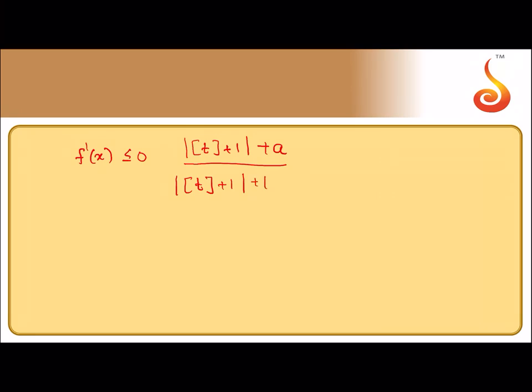So what we get is f dash x less than or equal to 0: modulus of greatest integer of t plus 1 plus a, by modulus of greatest integer of t plus 1 minus a, is less than or equal to 0.